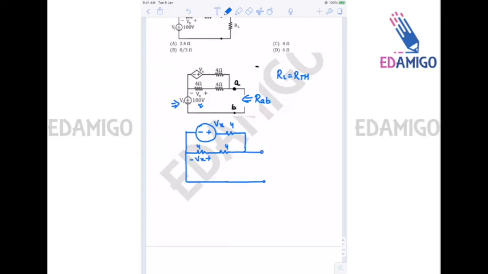Since the circuit has a dependent voltage source, to find out RAB we apply a voltage source V0 which has a current I0 coming out from it. So RTH will be V0 upon I0.